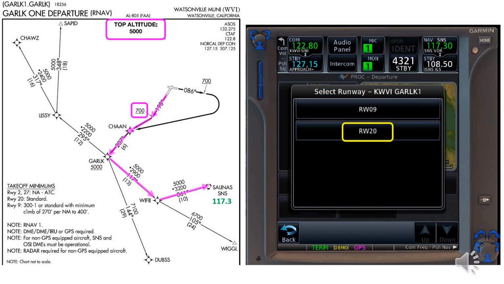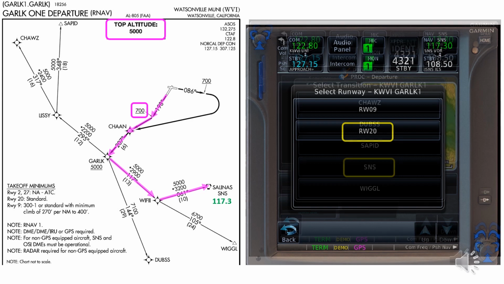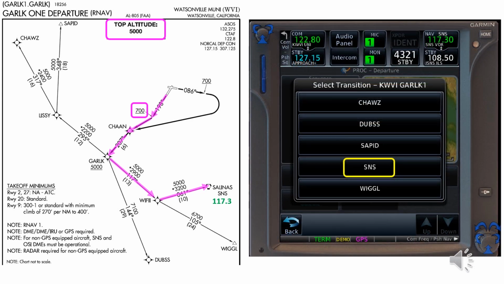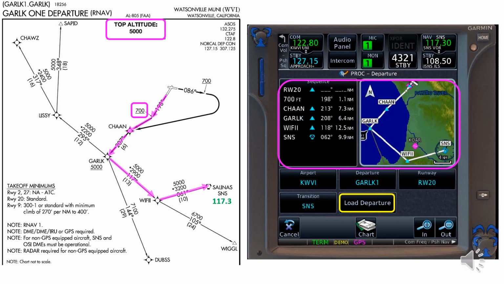Select or confirm the departure runway. Select or confirm the transition, the end point of the departure where you join the Enroute structure. In this case, Sierra, November, Sierra, the Salinas VOR. Confirm that the sequence of waypoints in the procedure matches your clearance, and load the departure.